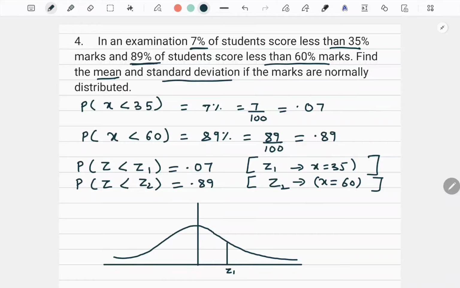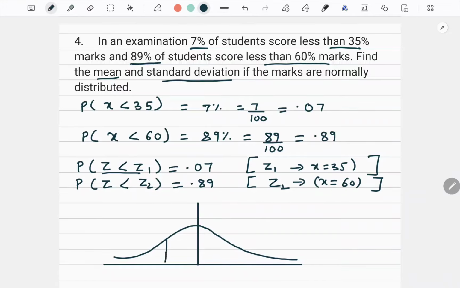Now the probability of z less than z1 means this whole area. Imagine this area is 0.5 plus something. So 0.5 plus something cannot be 0.07 because it is more than 0.5. So definitely this position of z1 is wrong from my end. So I should not place z1 here.